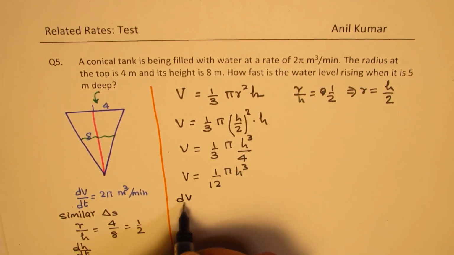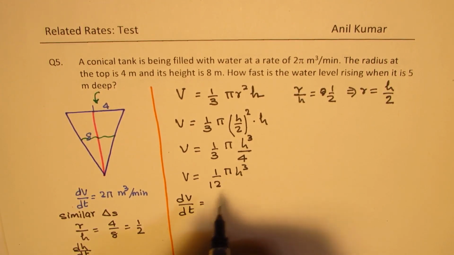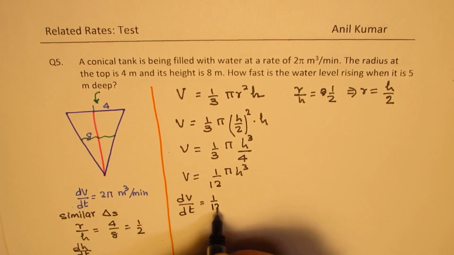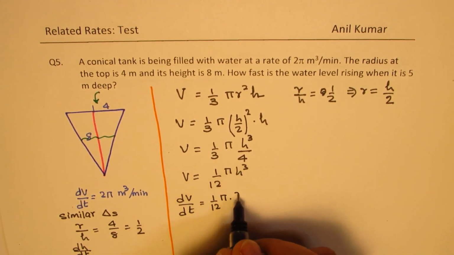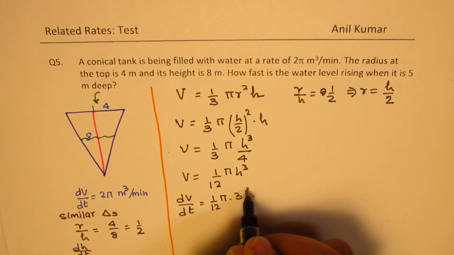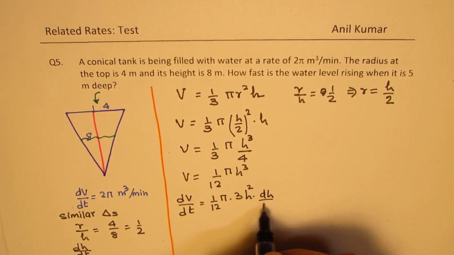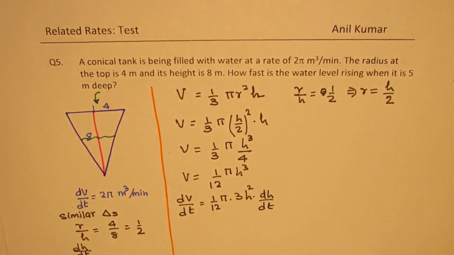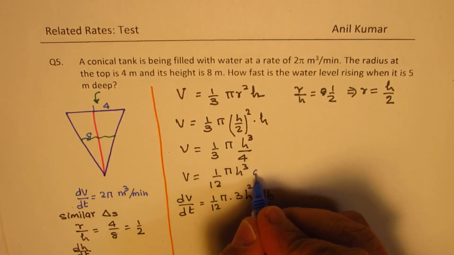Differentiating the volume with respect to time, we get 1/12 π times 3h² dh/dt. That is the expression you get once you differentiate with respect to time.